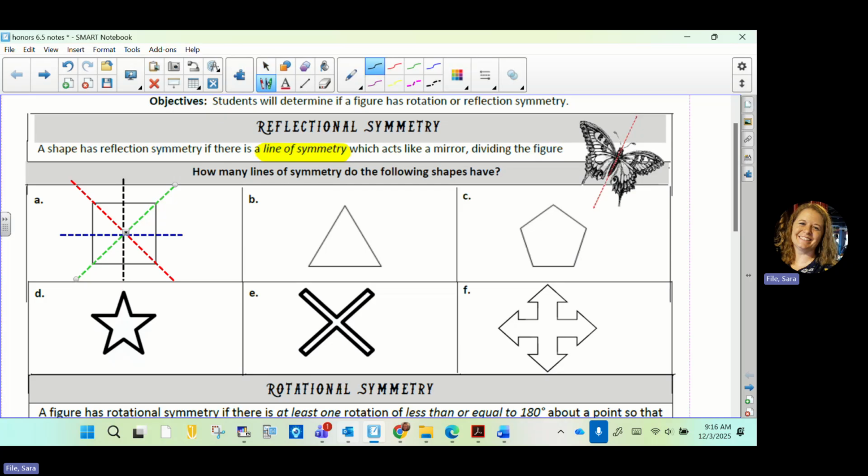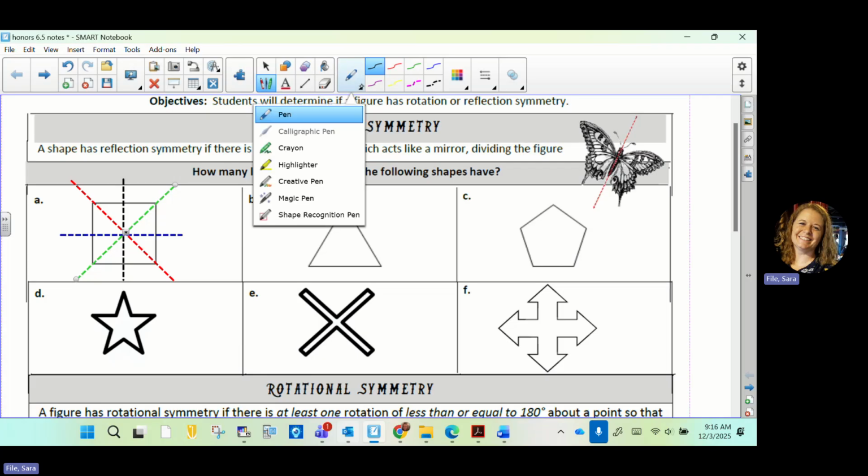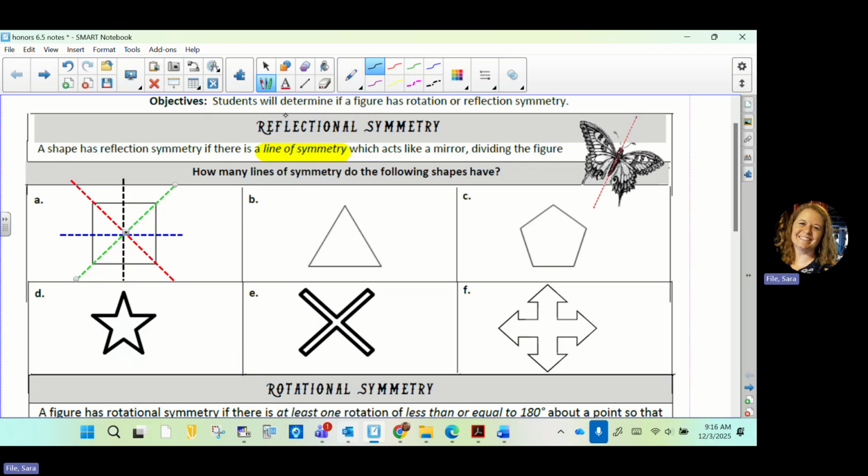It's definitely symmetric across a line. 4 different lines. I'll label those. So there are 4 lines of symmetry. I'm going to abbreviate symmetry, SYM.